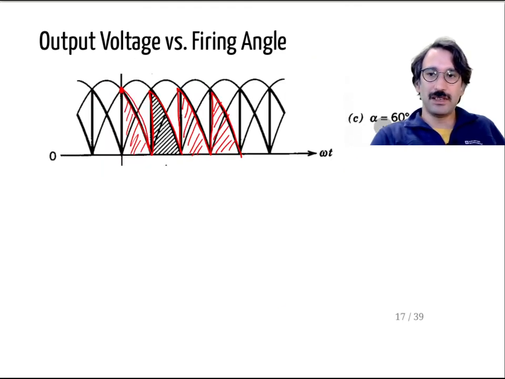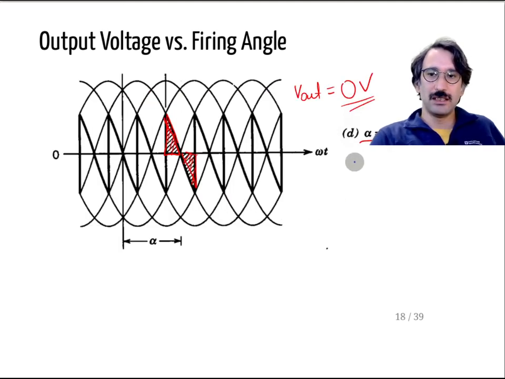If alpha is equal to 60, cosine alpha is 0.5, half of the original voltage. If you go to 90, cosine 90 is equal to 0, so that is why it is symmetrical and it is 0 volts in net output voltage.